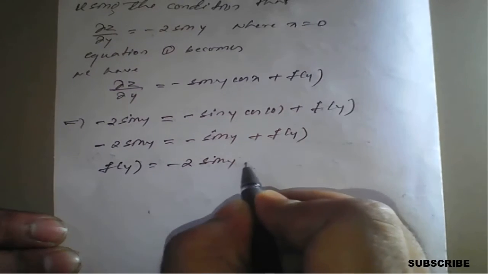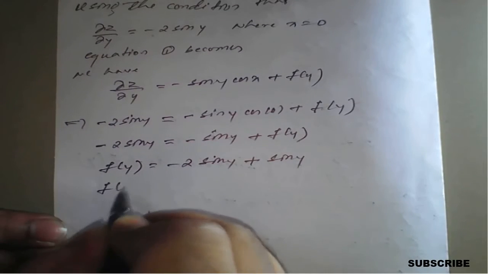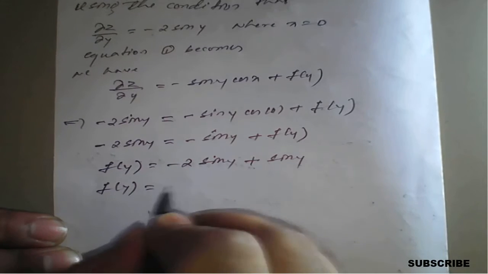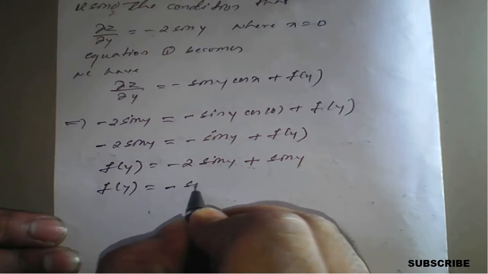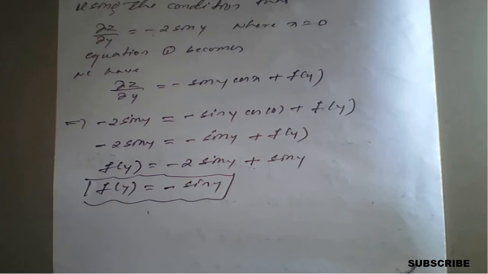Shift this to the left hand side, it will become plus sin y. So f of y is equal to minus 2 sin y plus sin y, which will become minus sin y. So with the help of the first condition we got the answer of small f of y.